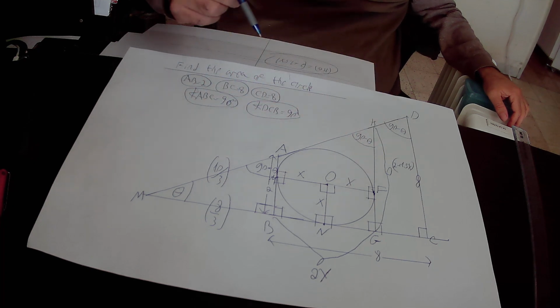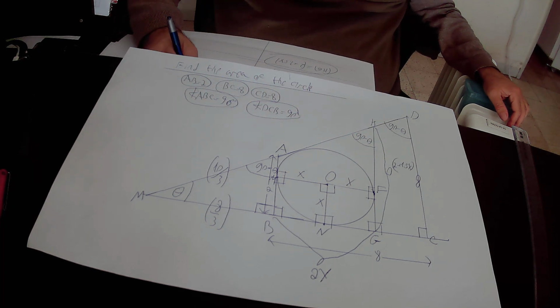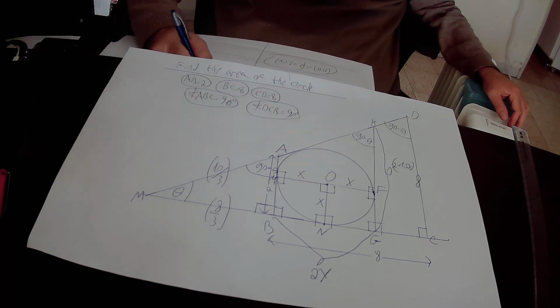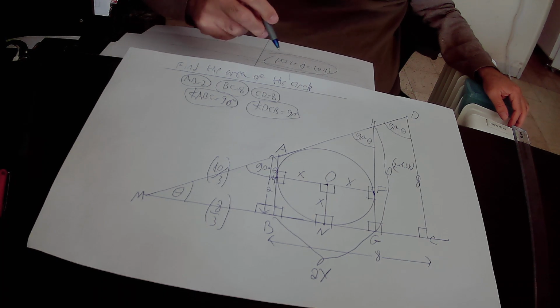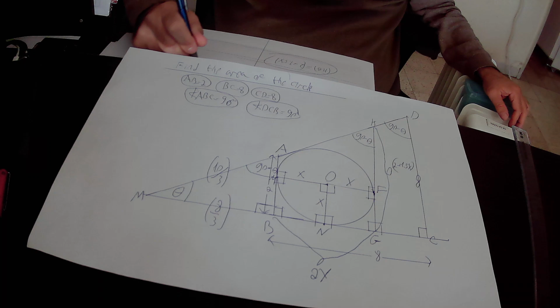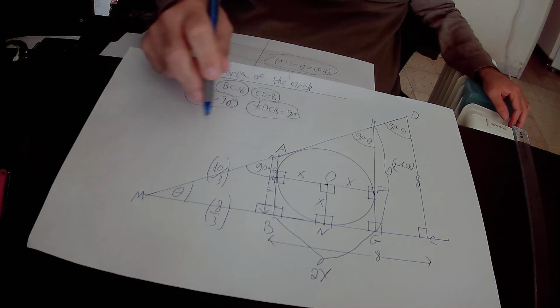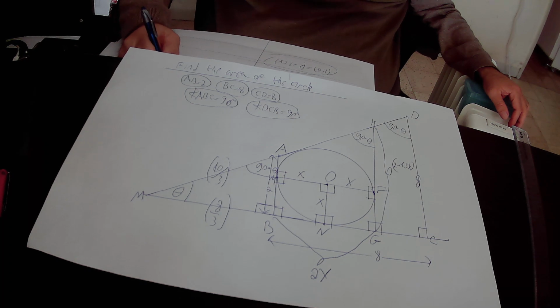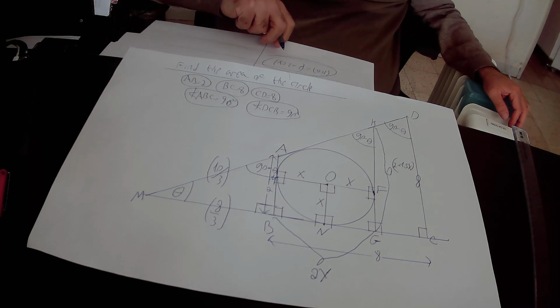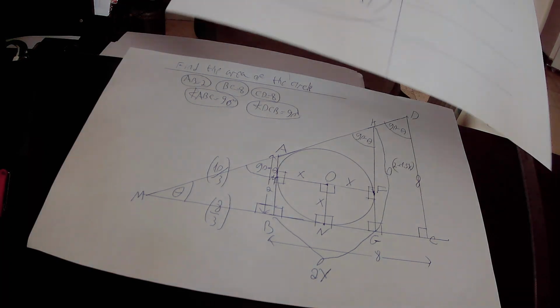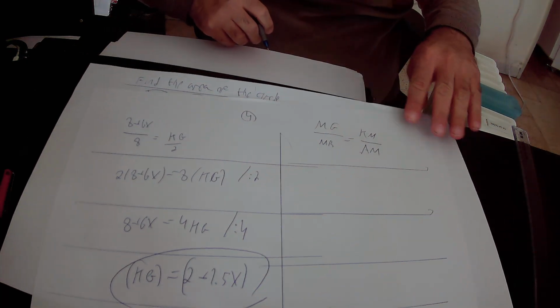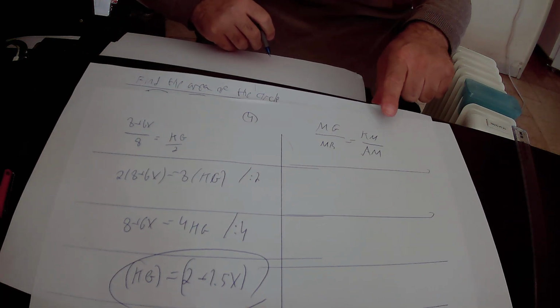MG in the big triangle over MB in the small triangle equals KM in the big triangle over AM in the small triangle. And again, MG over MB equals KM over AM.